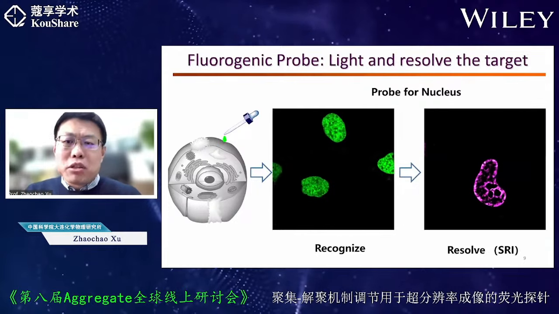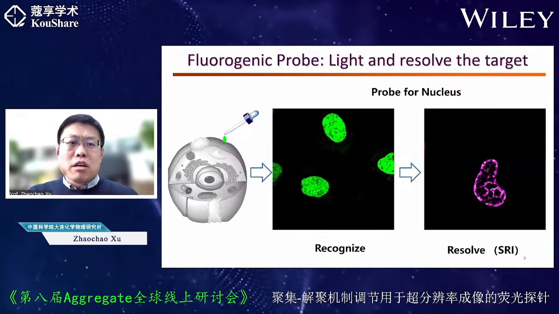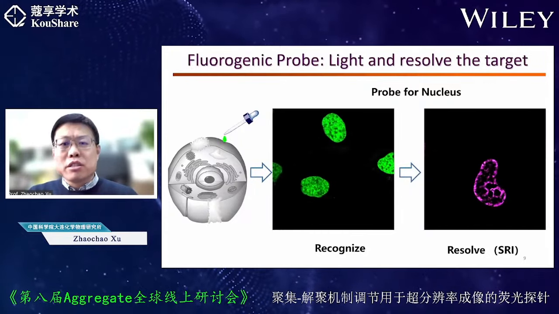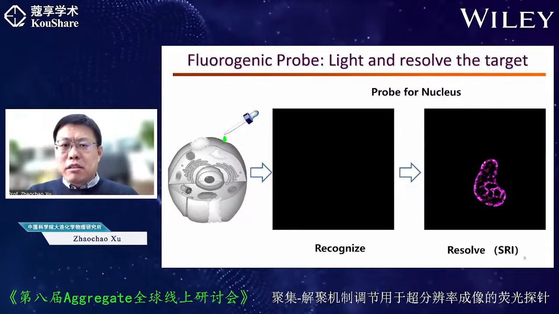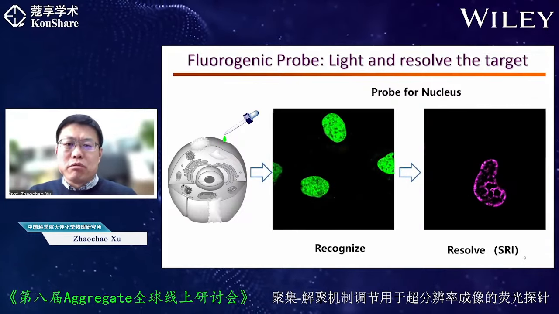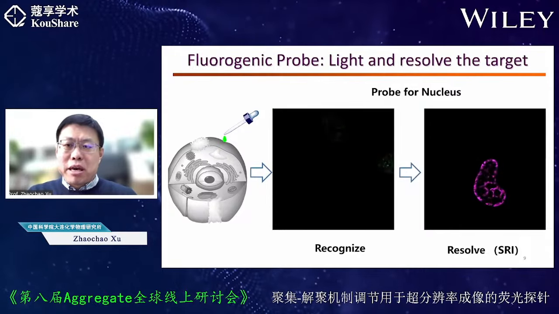After gaining the ability to break the diffraction limit, fluorescent probes first selectively recognize and light the target molecule, and then fine structures are resolved through super-resolution imaging.